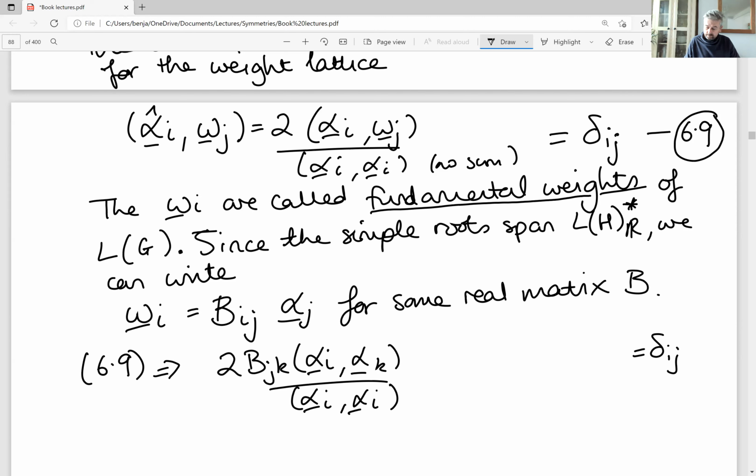But what we notice is that the factor multiplying B_jk, with the sum over k now, is equal to the ki-th element of the Cartan matrix.